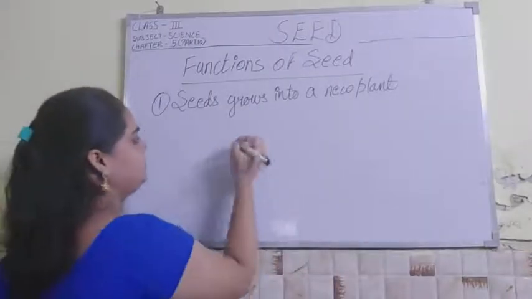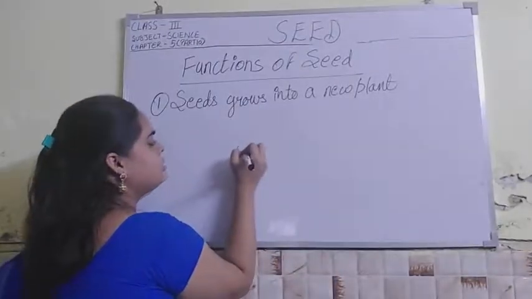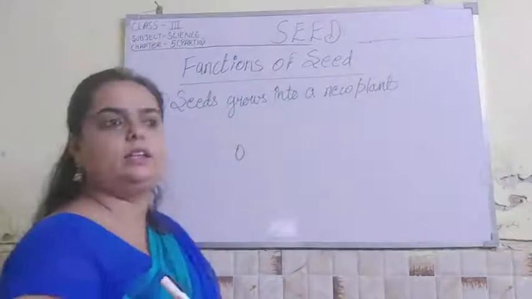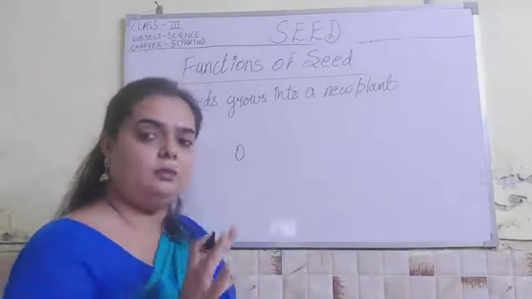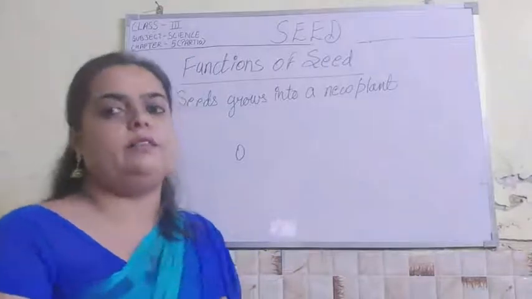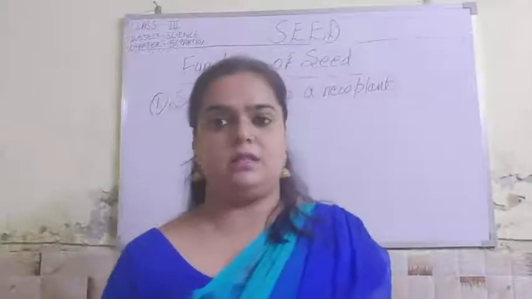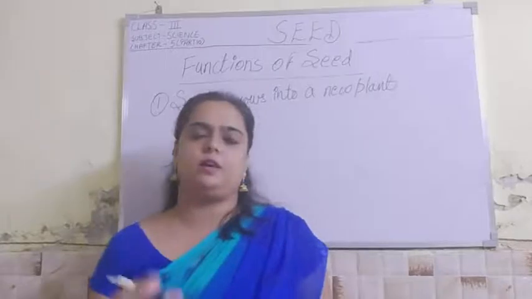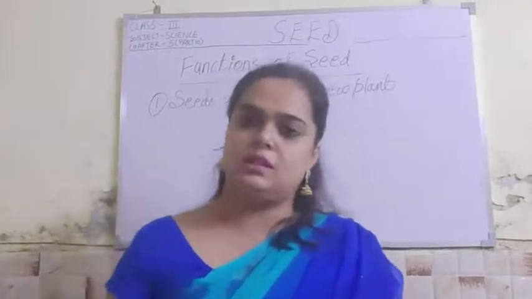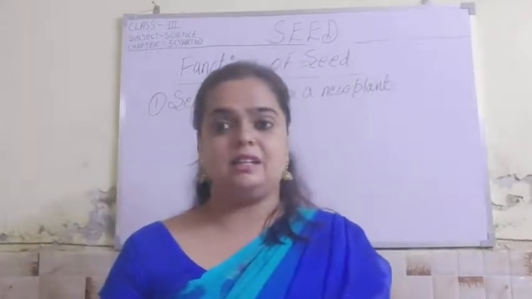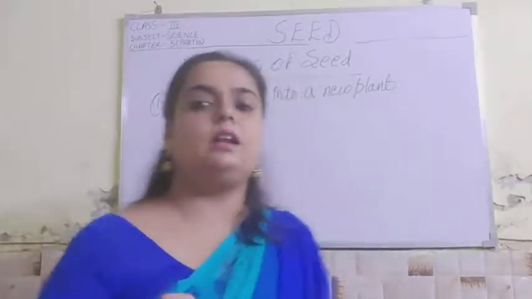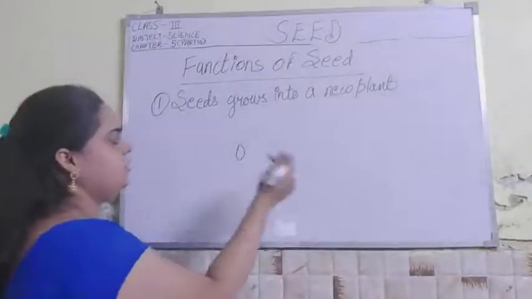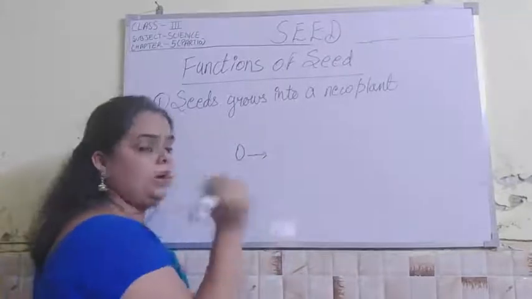For example, this is a small tiny seed. What will happen when this seed gets the proper environment of air, water, sunlight? When the seed gets all these things, then this seed will develop into a baby plant.